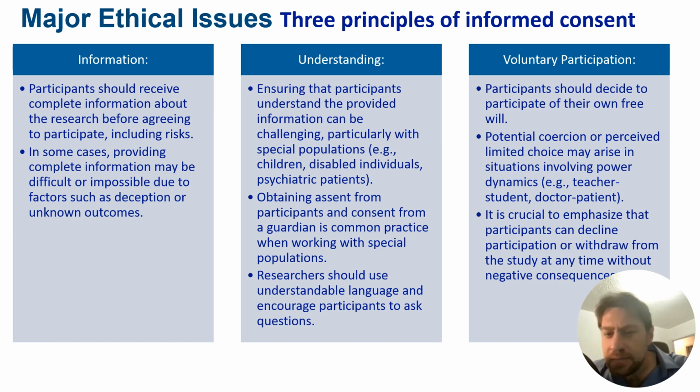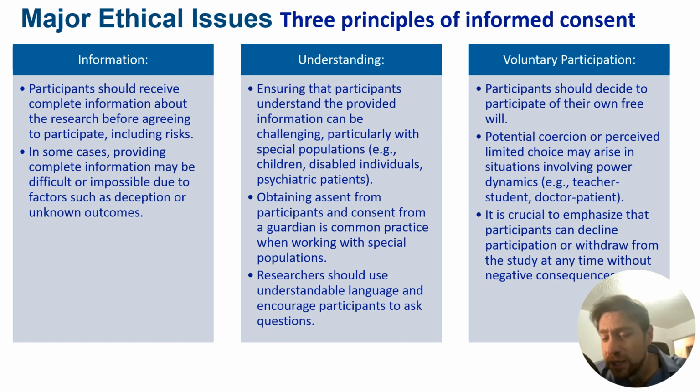Next is understanding. You want to make sure that people have understood the study. They've understood what they're agreeing to. This can be especially difficult with special populations, young kids, people with disabilities, people with psychiatric conditions, people that are nonverbal for whatever reason. So you have to figure out ways to make sure that they understand. And sometimes you have to obtain consent not from the person but from the guardian.